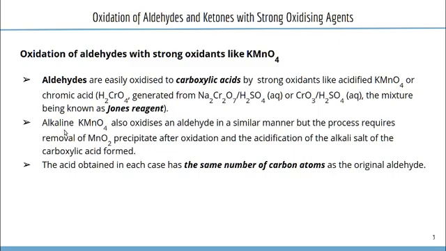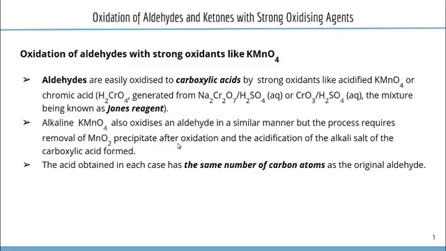Then we can use alkaline KMnO4. Alkaline KMnO4 also oxidizes an aldehyde in a similar manner, but the process requires removal of MnO2. MnO2 precipitate will form during the reaction, and the carboxylic acid is obtained after oxidation and acidification of the alkali salt of the carboxylic acid formed.